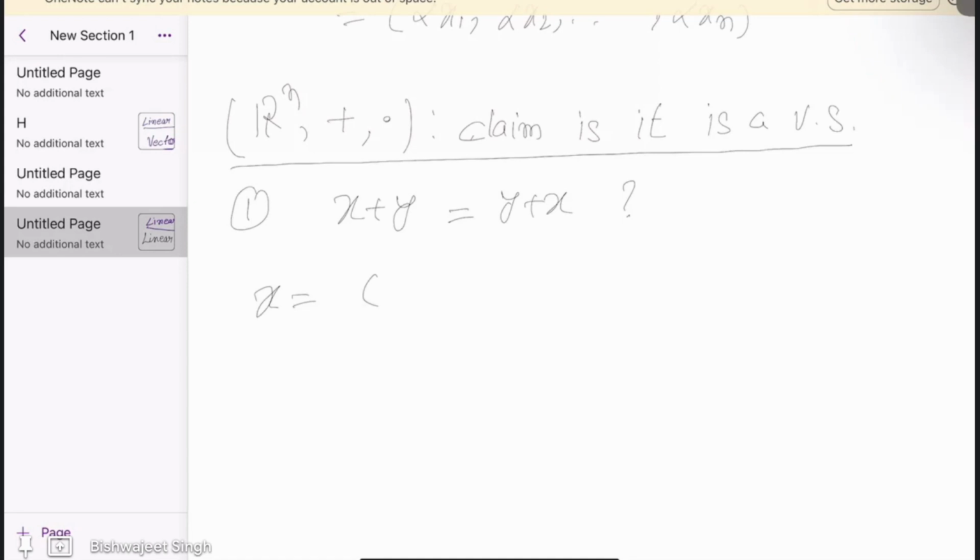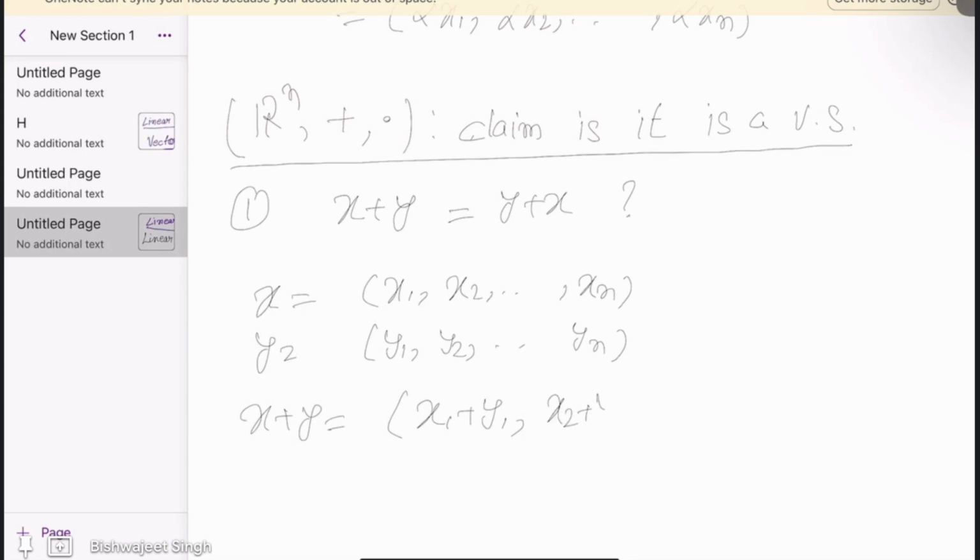So x is x1, x2 up to xn, and y is y1, y2 up to yn. So what is x plus y? x1 plus y1, x2 plus y2 up to xn plus yn. This is how we defined our plus operation.